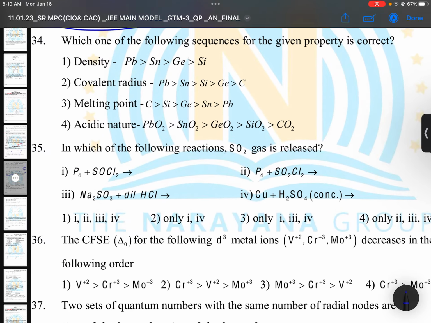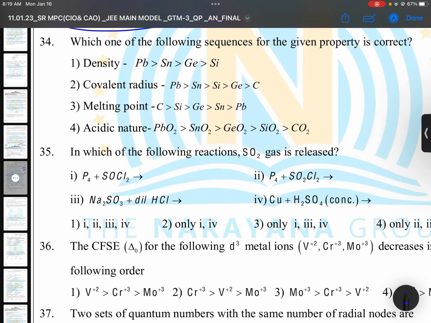Which one of the following sequences for the given property is correct?